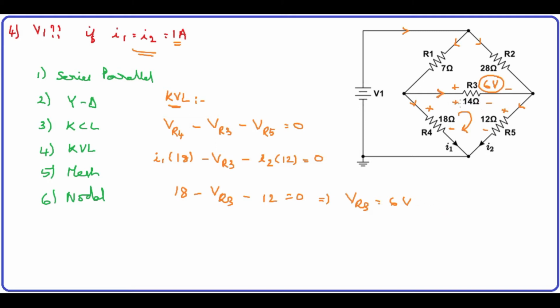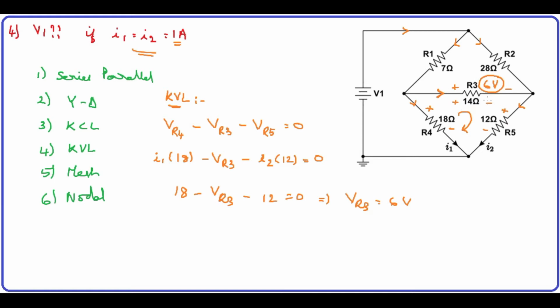That means plus and minus are the same. If this direction were not the same, we would get minus 6 volt. As we are getting 6 volt here, the plus minus are the same, so the current direction is the same. Please try to understand, this point is very important. The current direction is the same as we have taken, and the voltage also the same. So this is the current direction.